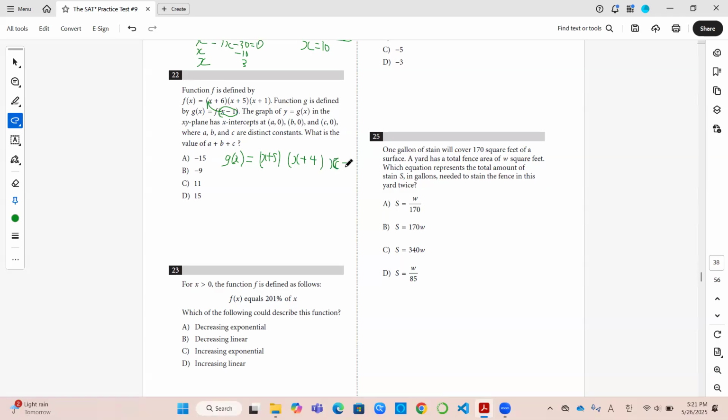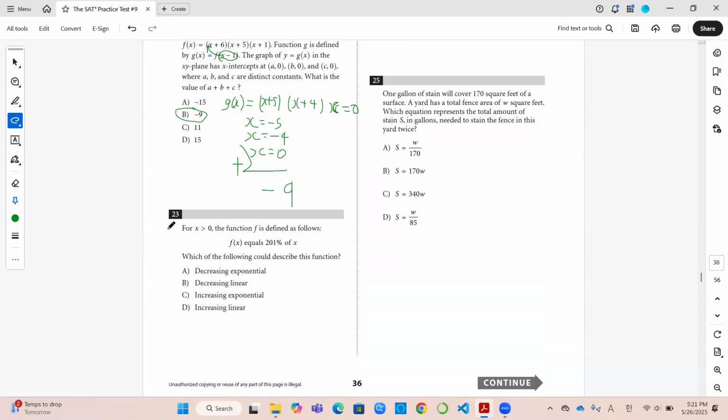And if we set this equal to 0, we know that when x is either negative 5, or x is equal to negative 4, or x is equal to 0, the y value is going to be 0. If I add all of this up, it becomes negative 9. So B as in boy is the correct answer choice for question 22.